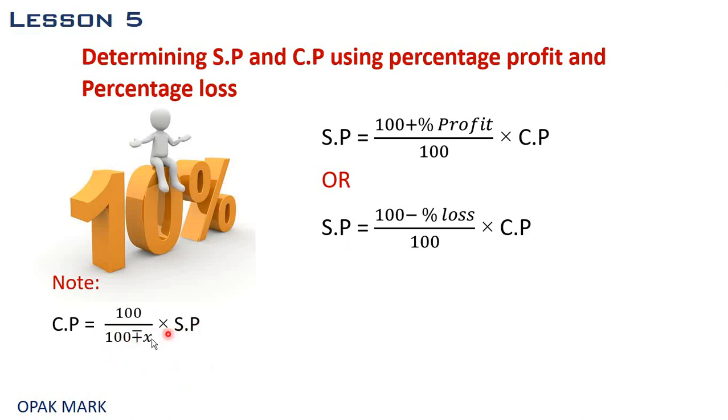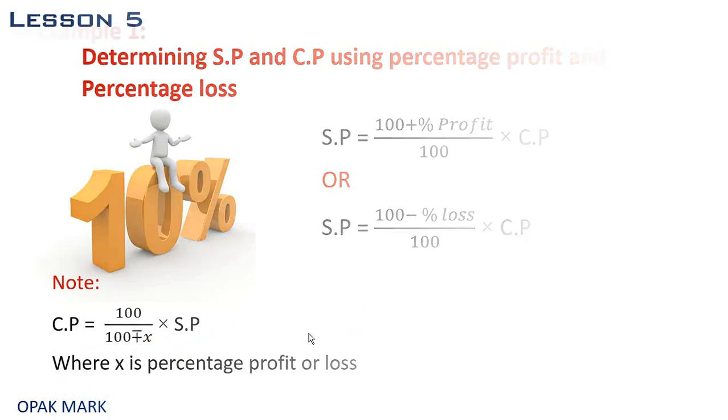Where there is a minus, that means it is a loss. Plus is a profit, and x here is the percentage loss or percentage profit. So if it is percentage loss, then it is a minus. If percentage profit, then it is a plus. So that is the formula.